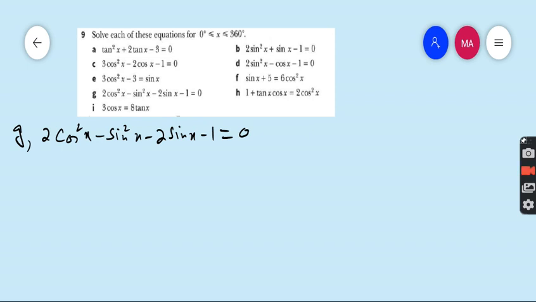Again we will have two different trigonometric functions, and we need to convert cos square x into sin. So cos square x becomes 1 minus sin square x.